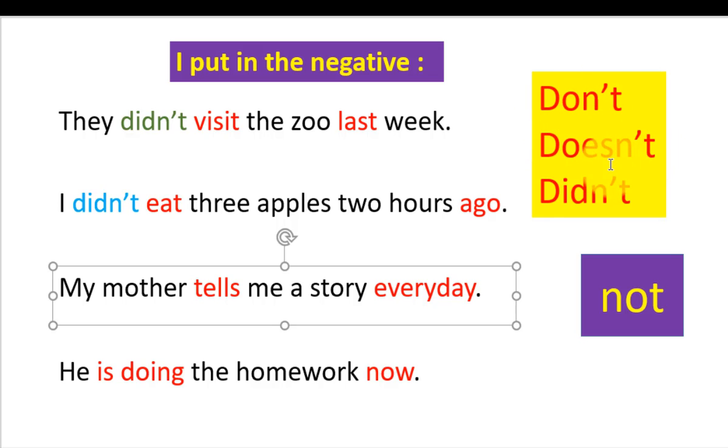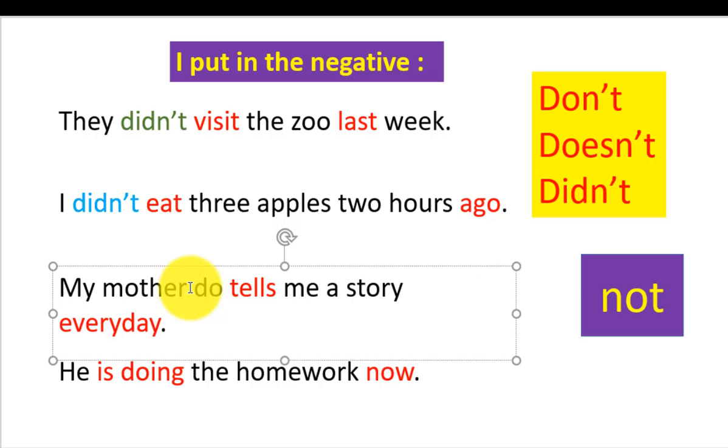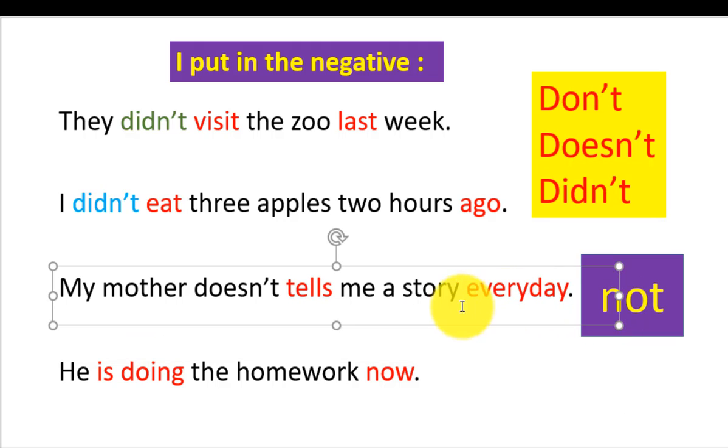Okay? So, because we have my mother, she doesn't. We will put doesn't here. Okay? Very good. My mother doesn't tells me a story every day.